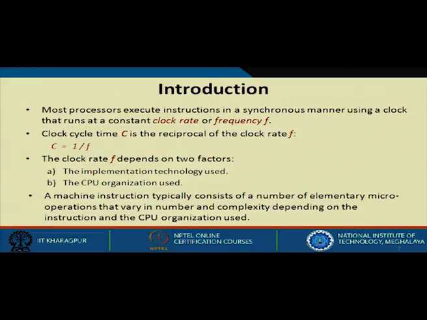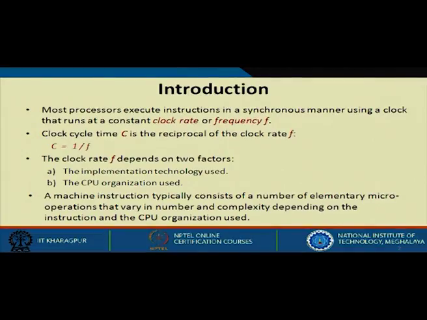The first one is the implementation technology. By implementation technology, what we mean is that with the advancement of technology, the size of the transistors is becoming smaller and smaller, and with that the clock speed is becoming faster.